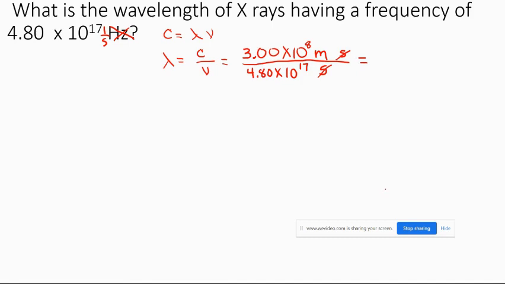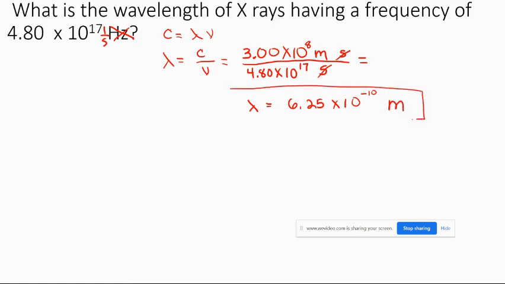And you need to practice this. Do not blow it off. You should end up with a wavelength of 6.25, and yes, I want 3 sig figs for my answer, times 10 to the negative 10, and my units are going to be meters.